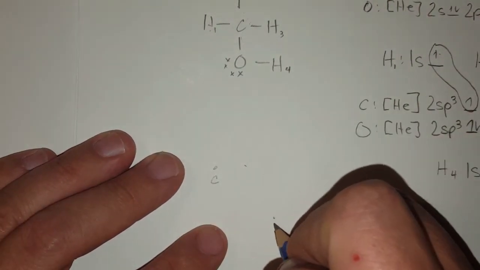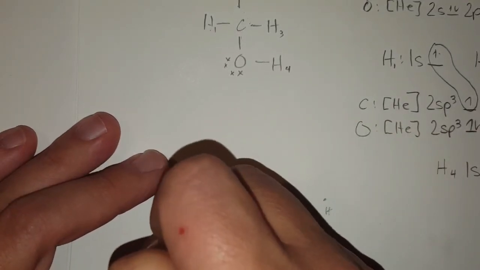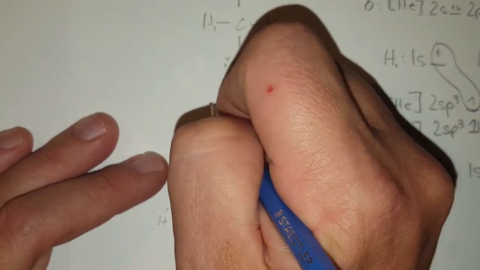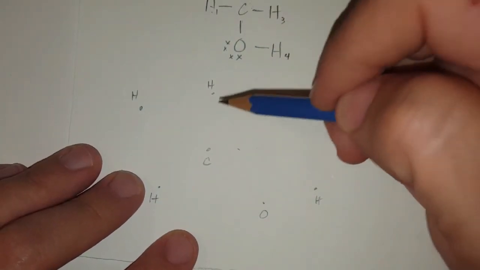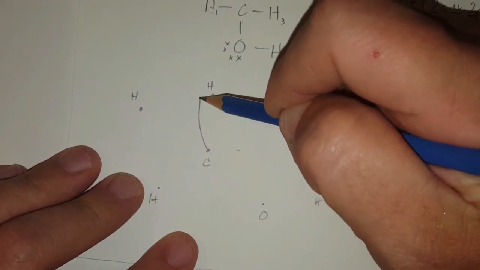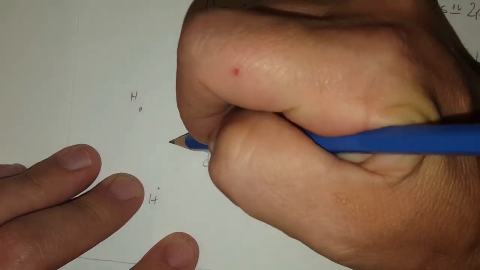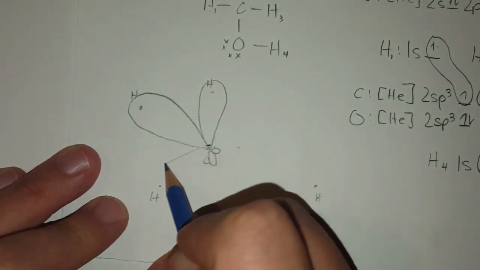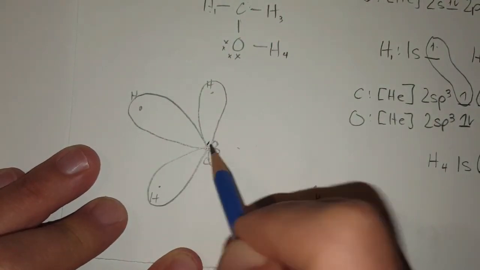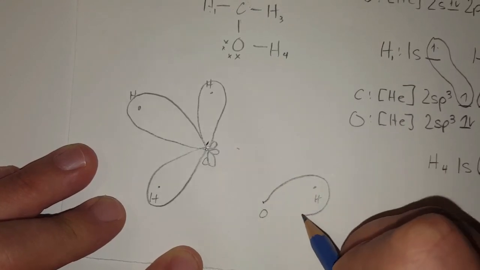I put my carbon, my oxygen, and hydrogen nuclei. Again, overlap of a hybrid with an s gives a fish shape, for each of the hydrogen bonds.